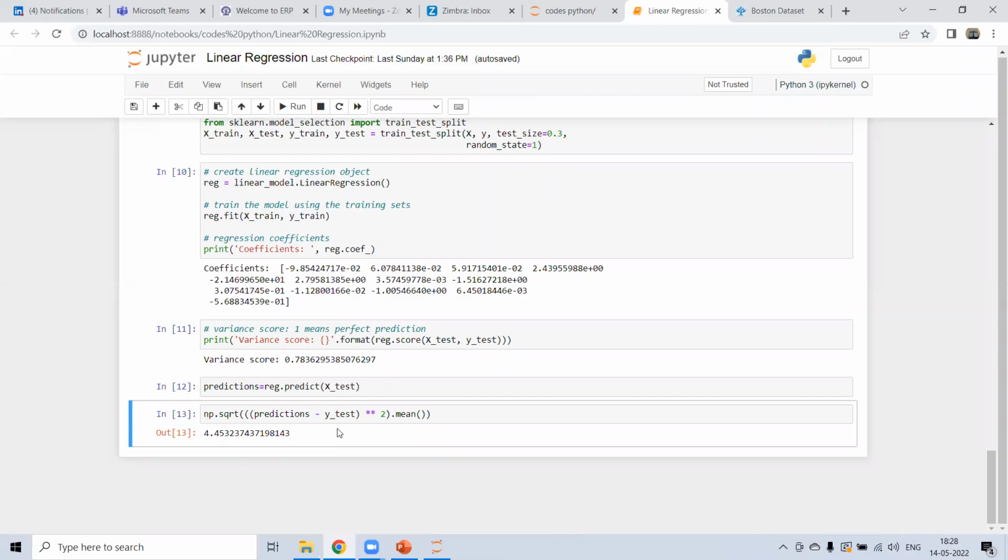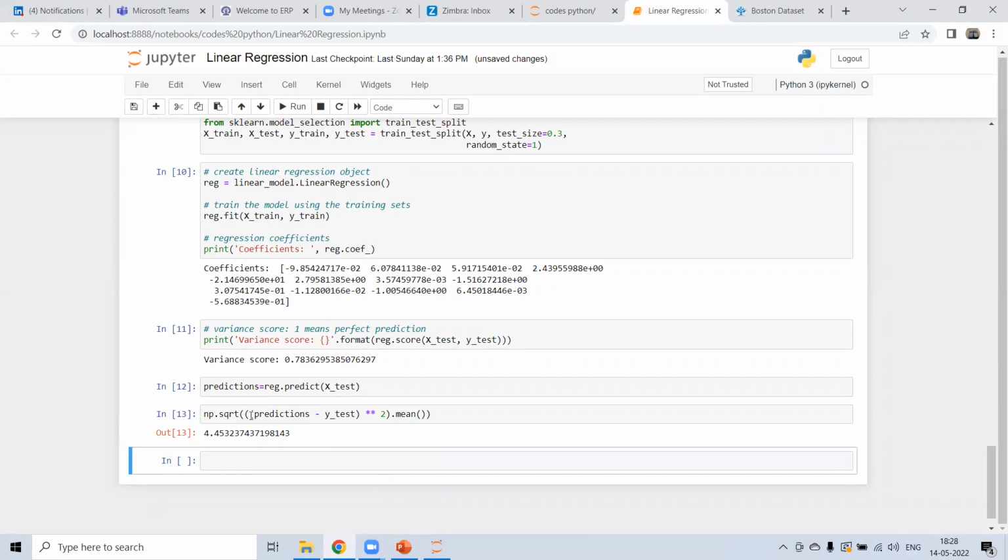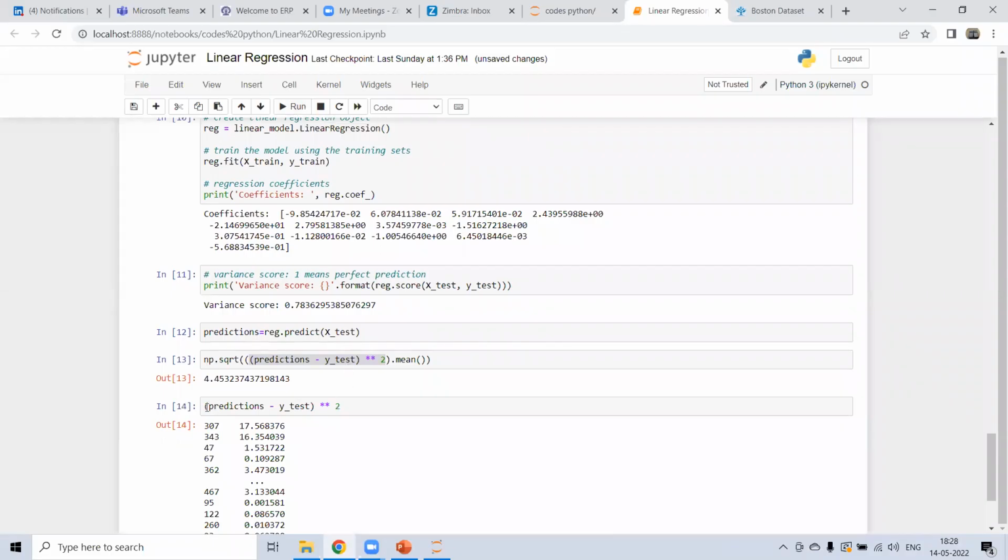Whether it is a good score depends on the variance of this Y test. You can try to say it like this. For example, this is basically the error that is left. Let's say I do a sum of this.